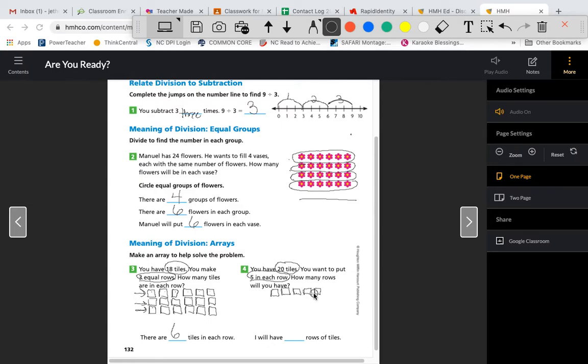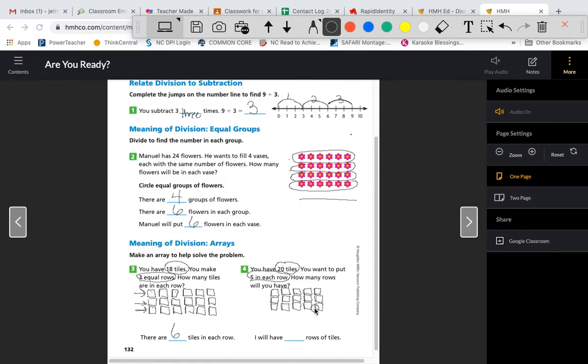Okay? So I have 20, so that's 1, 2, 3, 4, 5, 6, 7, 8, 9, 10. Remember, you can only have 5 in each row. 11, 12, 13, 14, 15.